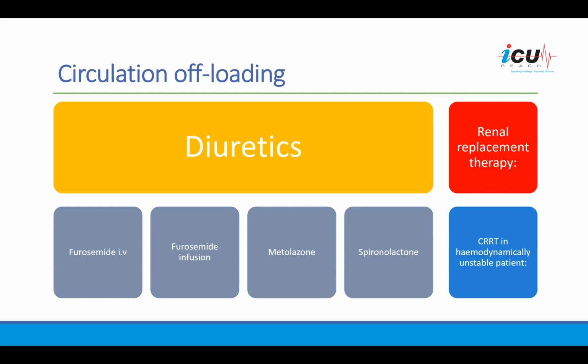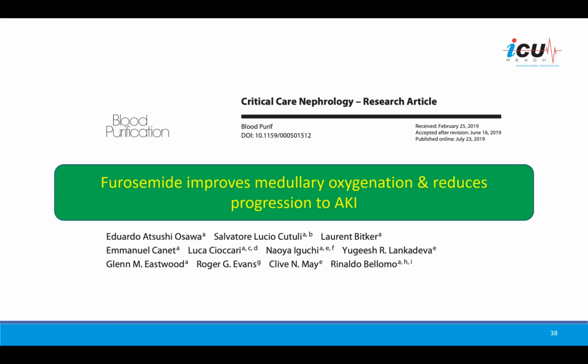We can also use metolazone or spironolactone. If the patient is hemodynamically unstable, at that time we use CRRT, but renal replacement therapy is a good intervention to fluid offload the patient.